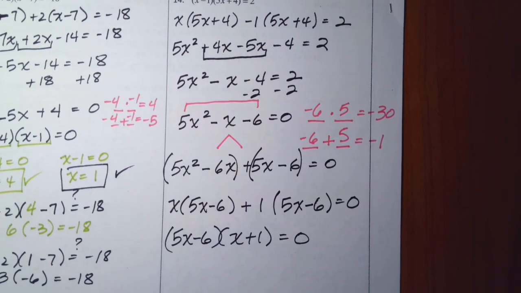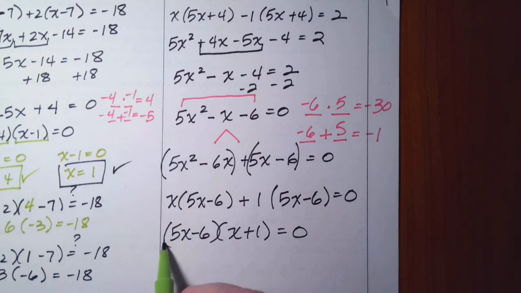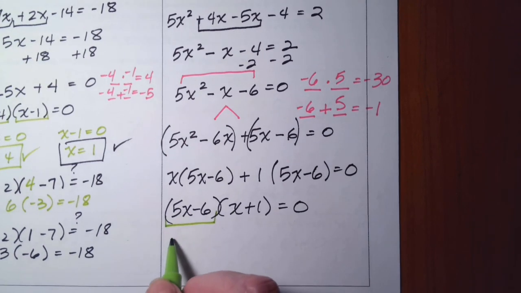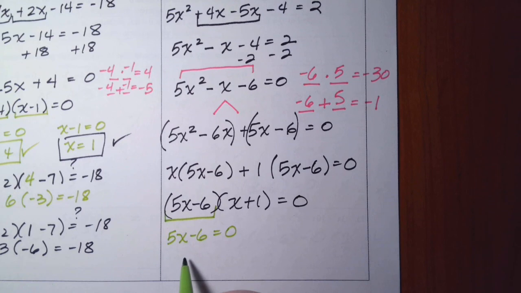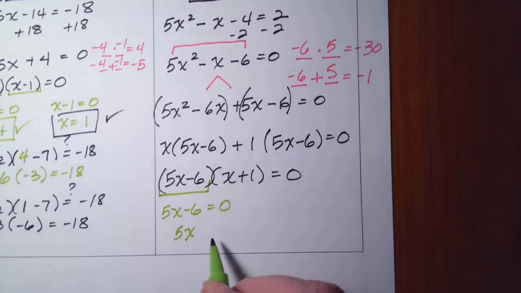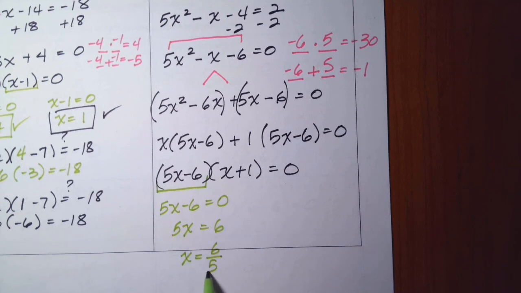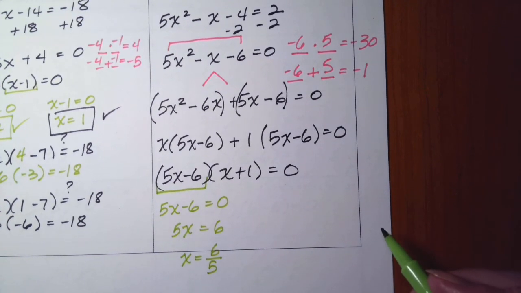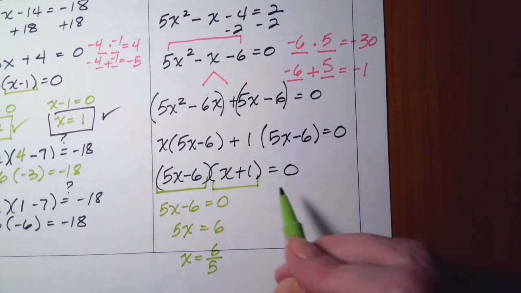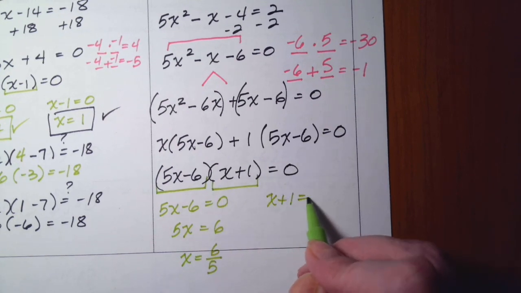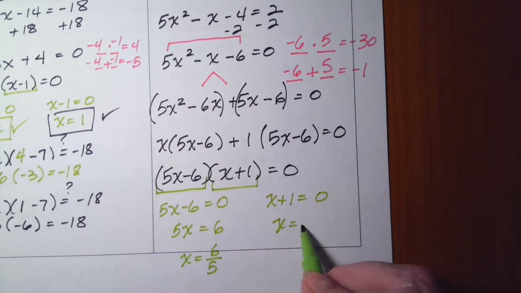Now I can set the factors equal to 0. So 5x minus 6 is equal to 0. Add 6 to both sides. That gives me 5x is 6. Divide by 5, and x is 6 over 5. x plus 1 is equal to 0, so x is negative 1.